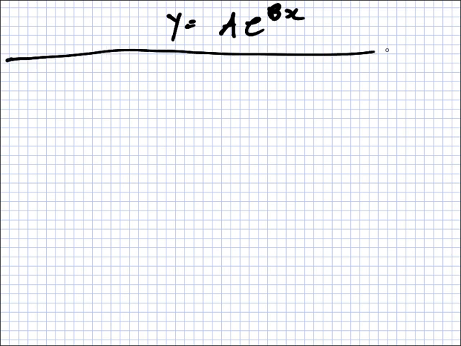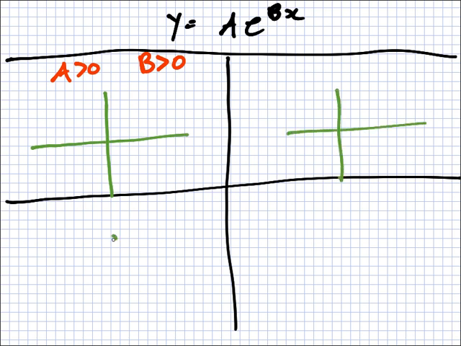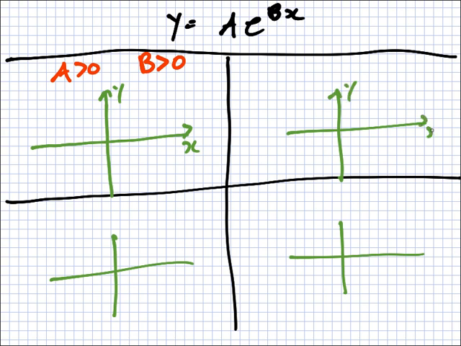So let me just make space here. We'll draw the 4. So the first graph is if the A is positive and the B is positive. Let's make all the 4 possibilities. Okay, so the first graph is if A and B are positive, the graph shape will be like this.